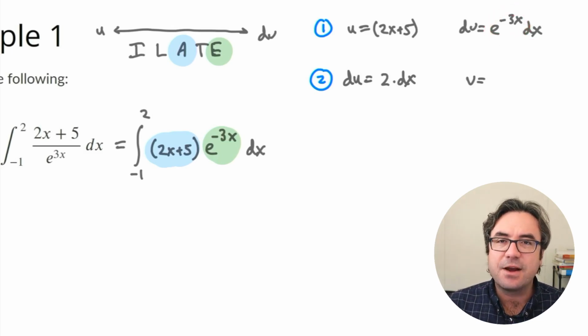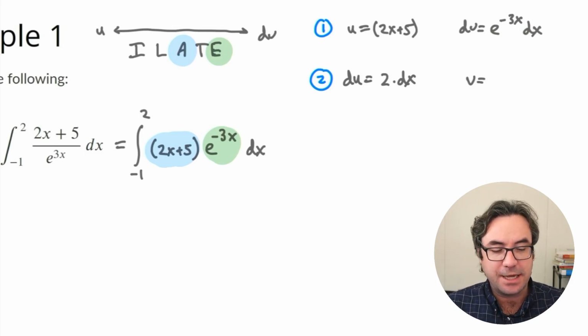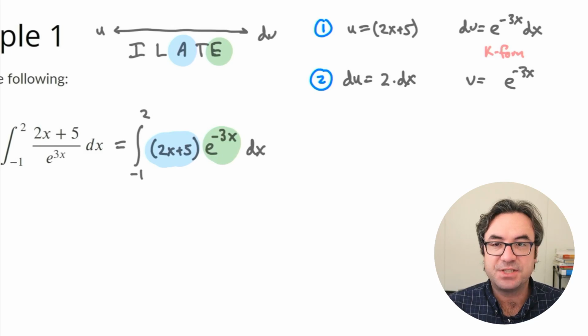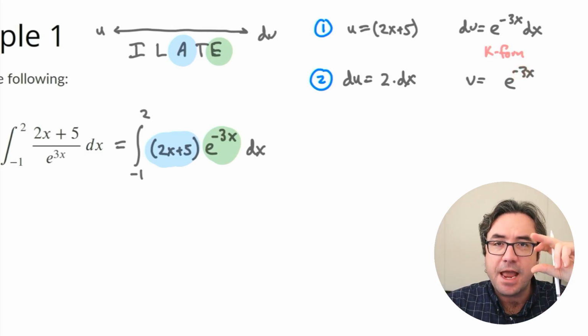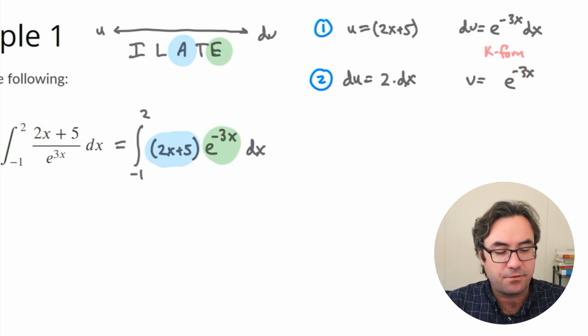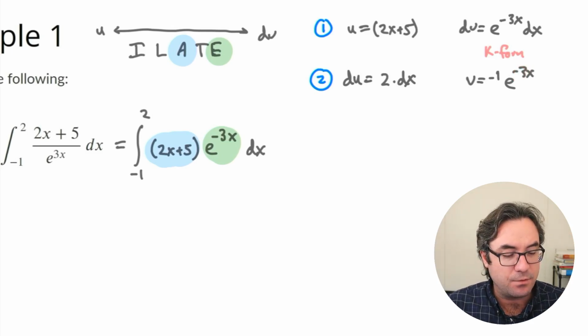The way we can remember the k-form integration is that the exponential function just stays as is, it doesn't change. So it's going to stay e to the -3x. But then we take that constant k that's out in front of the x, and we flip it and put it in front of the exponential. So we get a negative 1/3 in front.